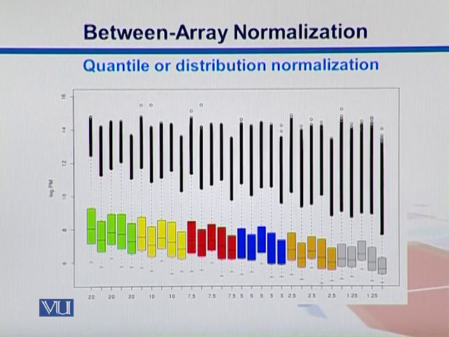If we do this quantile or distribution normalization, what are the effects on the data? Here we see, for example, different distributions which may be the replicates within different treatments. Green is one treatment with 5 replicates, or these may be different arrays within the same experiment.